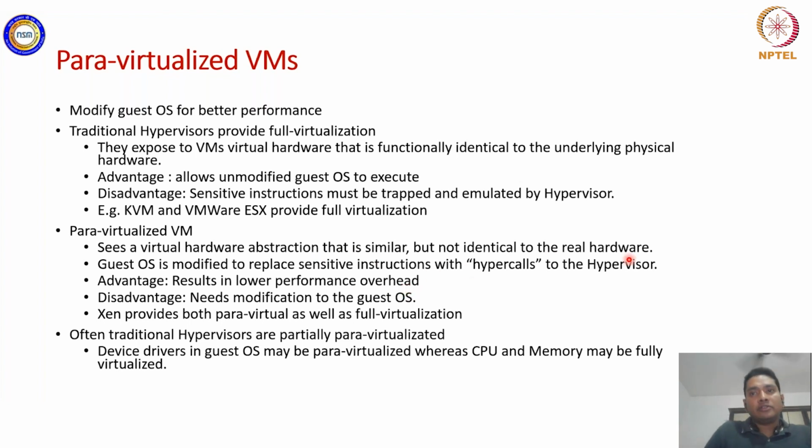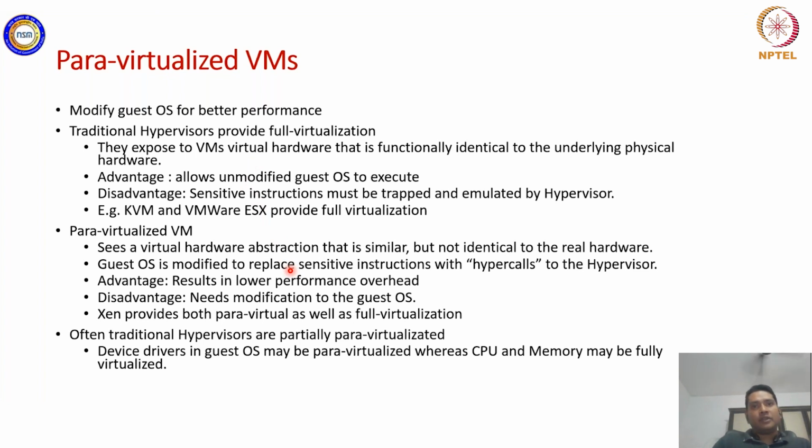Also, this was another advantage, because often these traditional hypervisors that we have seen are partially para-virtualized, because the device drivers in the guest OS may be para-virtualized through the hypervisor calls. So you can do some mix and match and have this para-virtualized VM. This is completely orthogonal to the type 1 and type 2 hypervisors that we have seen in the previous slide.